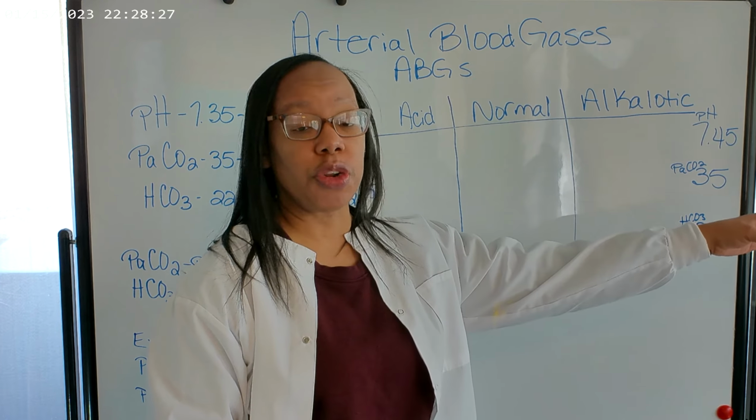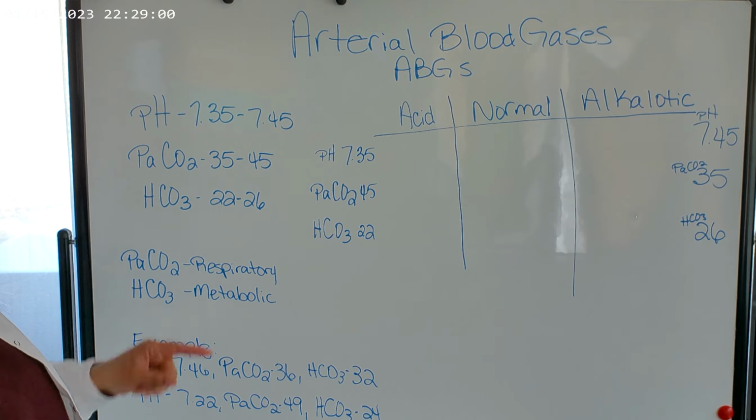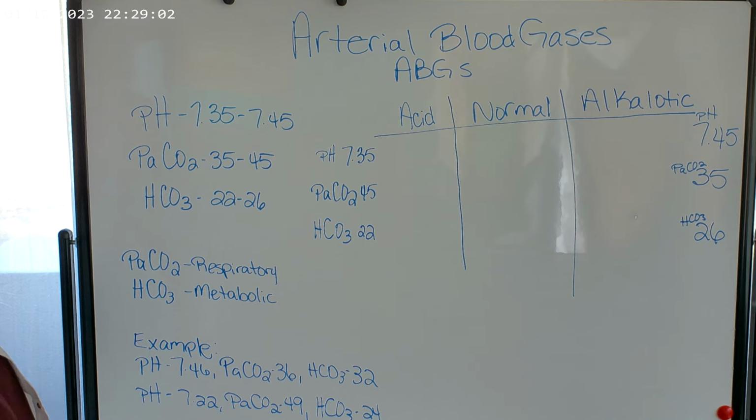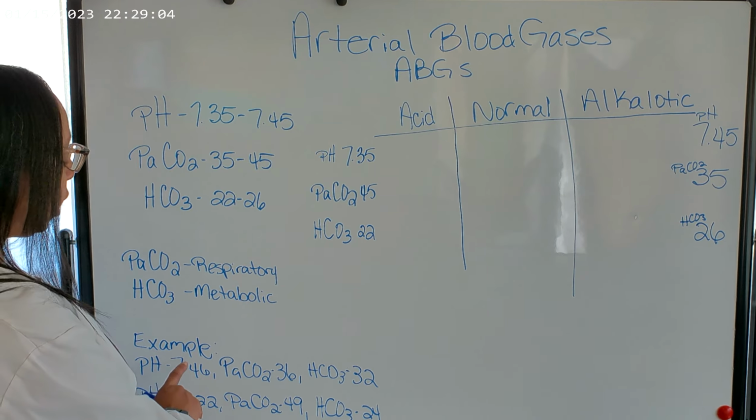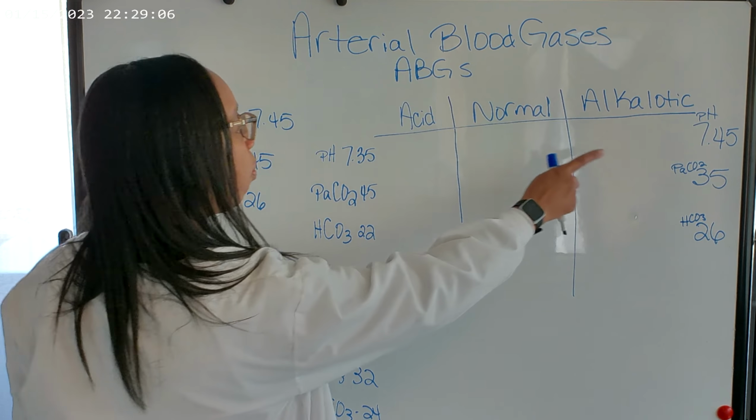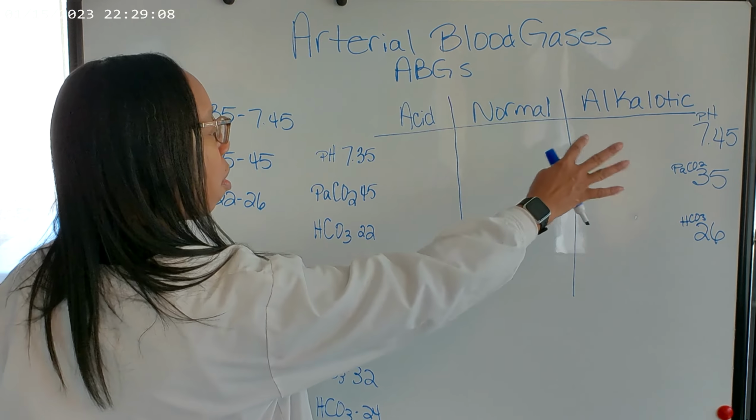I've got a couple of examples here for us to use. We have a pH of 7.46, a PaCO2 of 36, and a bicarb or HCO3 of 32. Let's put that into our tic-tac-toe chart. If our pH is 7.46, where does that fall on our chart?